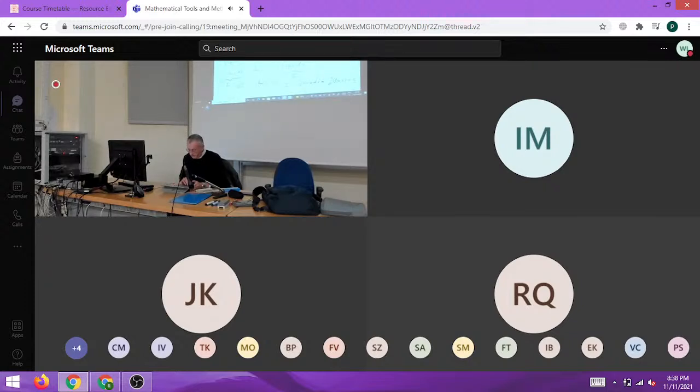Now, look at this additional example. So how would you compute the integral of the log of 1 plus x dx? So we want to follow the same strategy basically, okay?